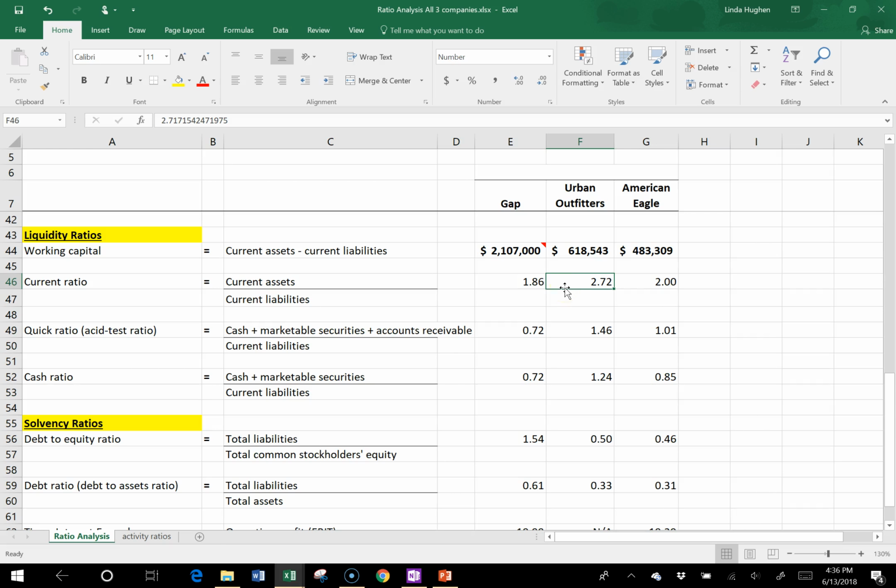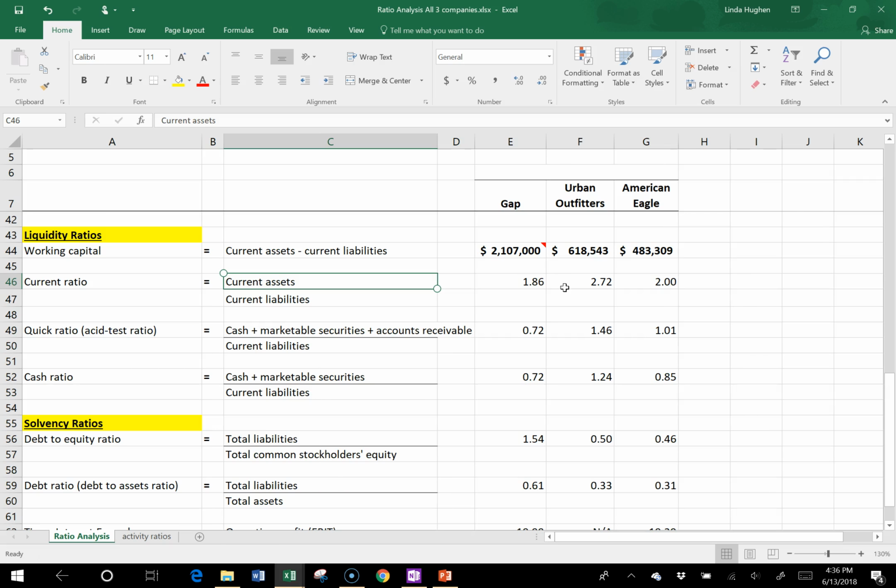We don't know what the ideal current ratio is. We don't want the numbers to be too high. Why not? Well, investors say if you have too much tied up in current assets, either in cash or in inventory or in receivables, that inventory might become obsolete. Those receivables may never get collected, and that cash is probably earning about 0.5% tied up in a savings account.